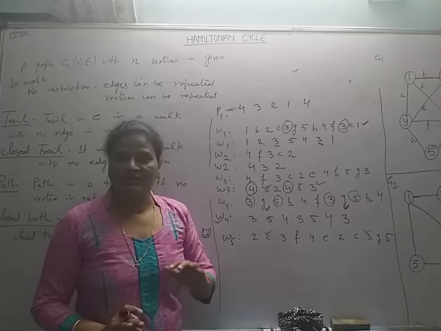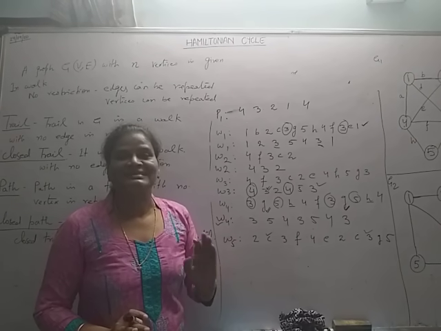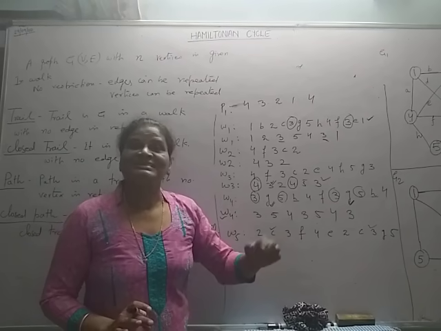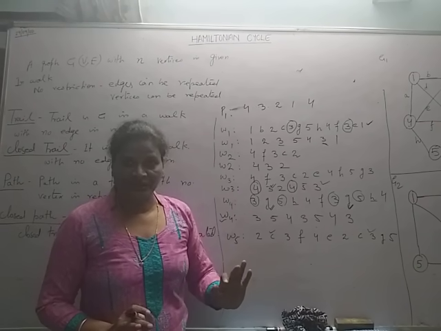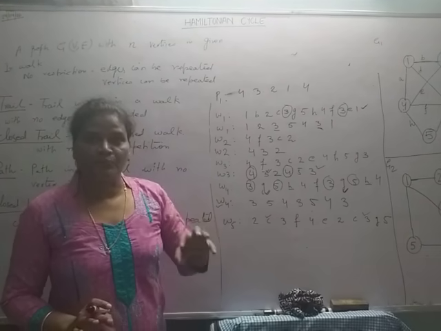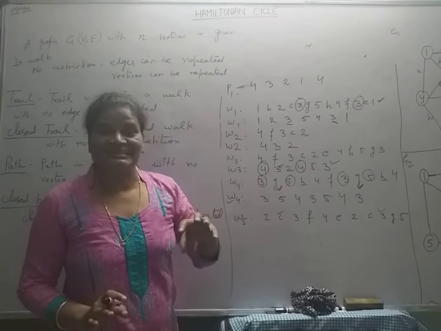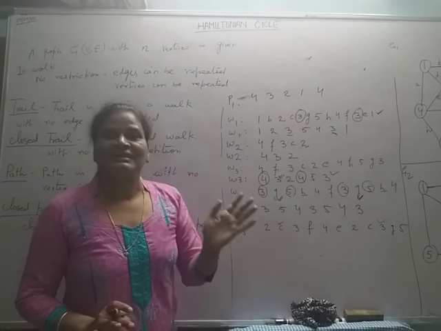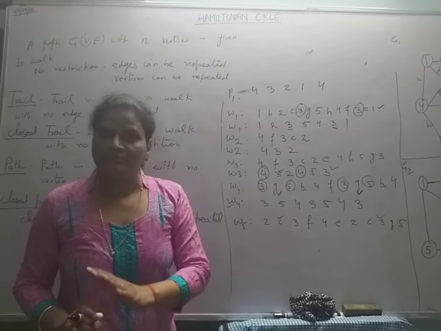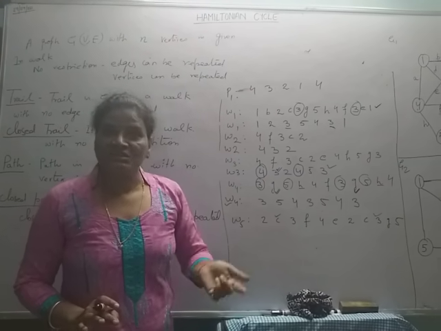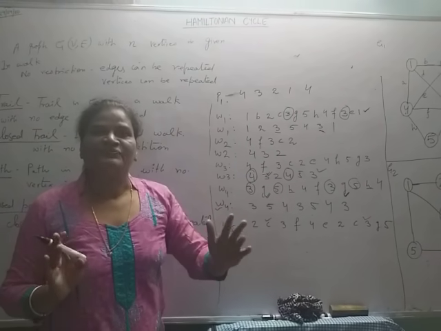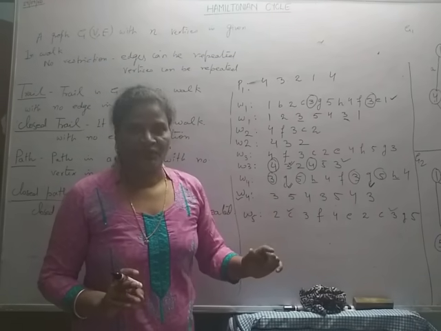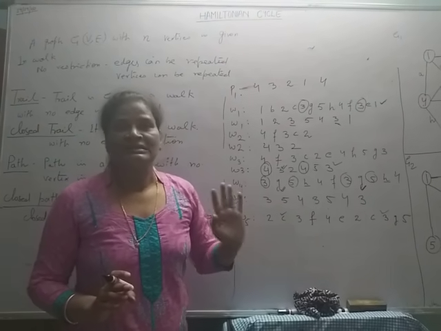A trail is a walk with one restriction: an edge cannot be repeated, but a vertex can be repeated. If we impose the restriction that an edge cannot be repeated in a walk, the walk becomes a trail. And a closed trail has the same first and last vertex, with no edge repeated.